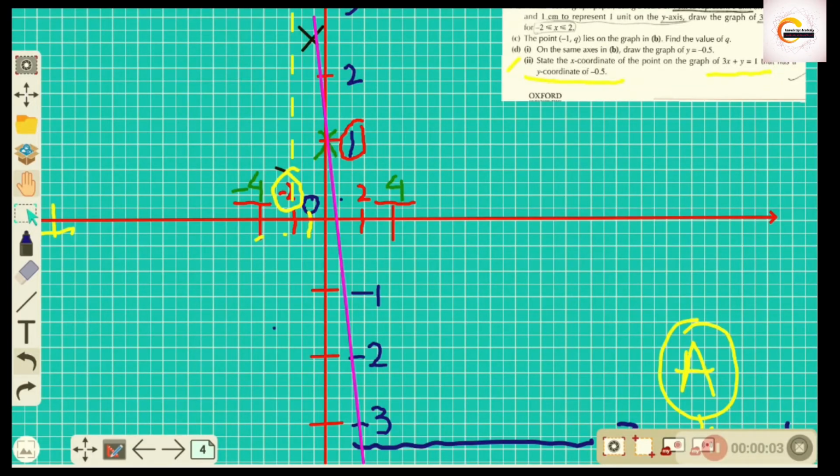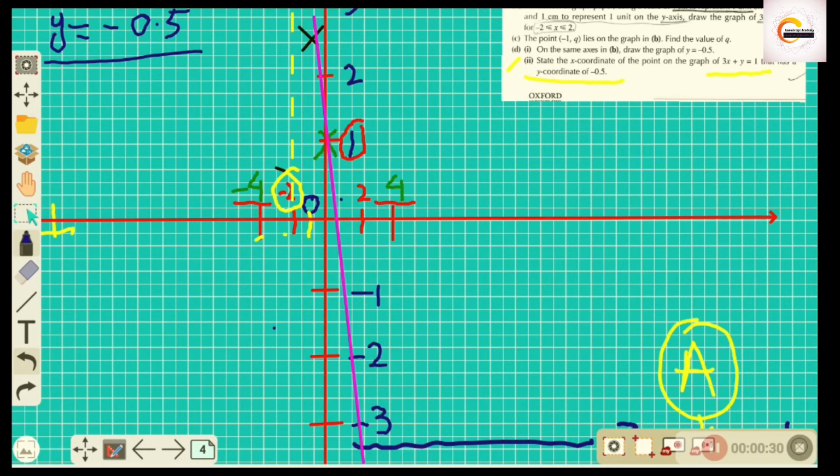Now part D, number 1. On the same axis in B, draw the graph of y is equal to minus 0.5. So we have to draw a line whose equation is y is equal to minus 0.5.